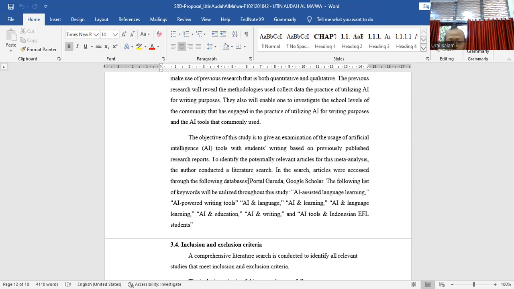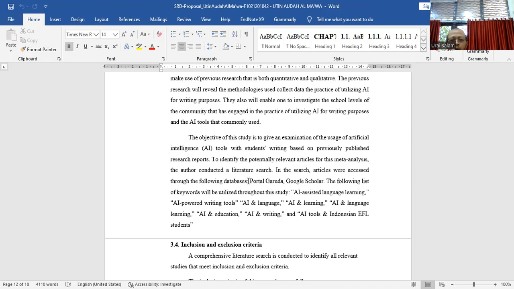I think you'd better define in your literature review what you mean by AI product. You need to mention, like Grammarly, for example, machine translation, Quillbot, something like that. Or can also start with ChatGPT, who knows. Now, that becomes your keywords.